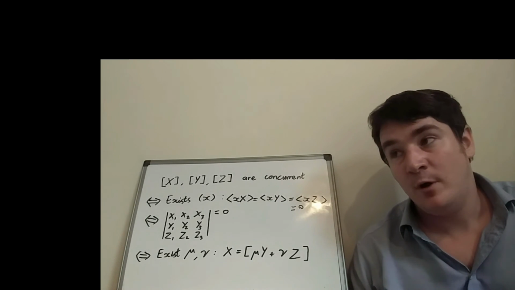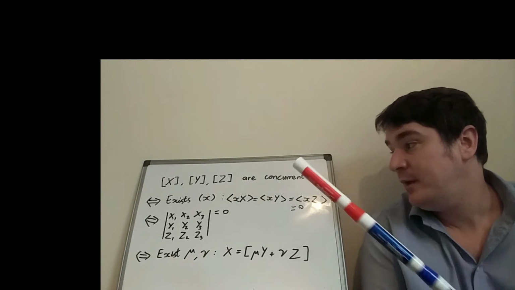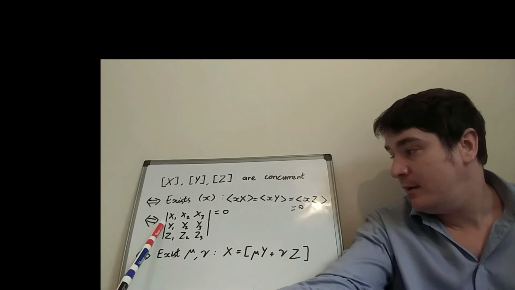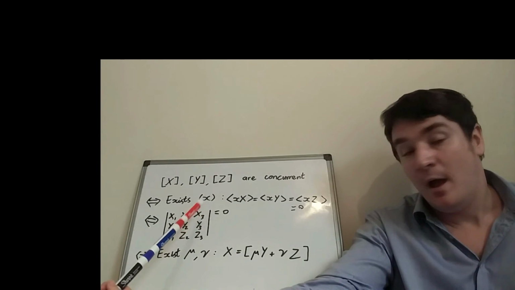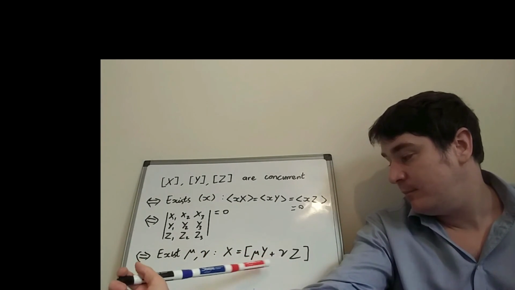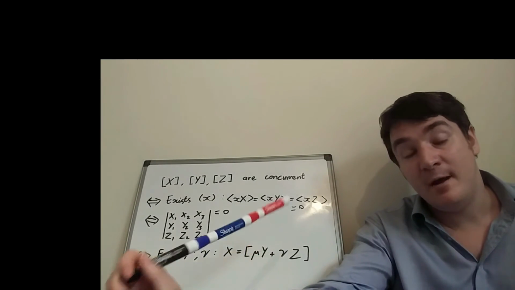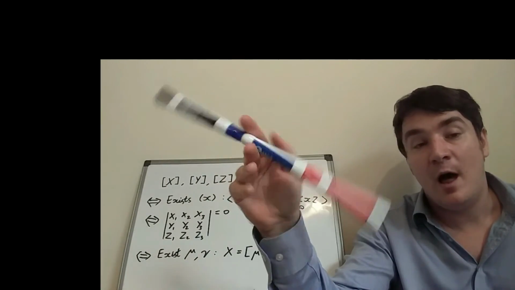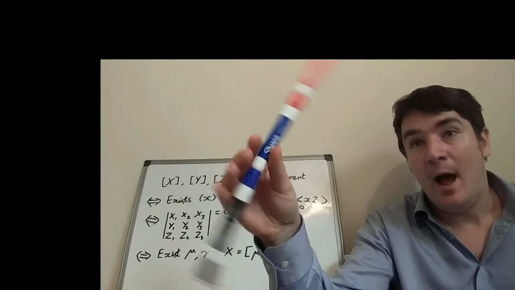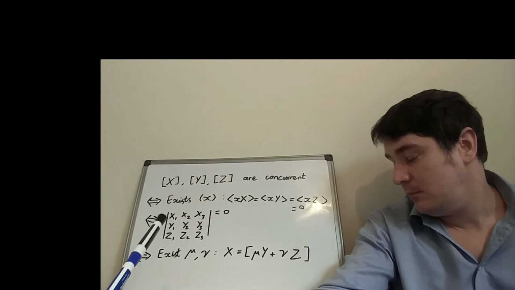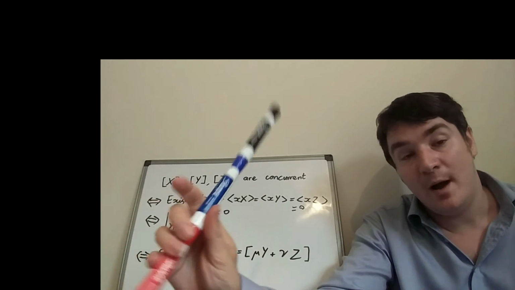And the way that this works is exactly like before. So we can find that this is equivalent to the condition that this determinant here is equal to 0. And just dualising the argument before, we can get this general expression mu y plus mu z, which is a parameterisation of the pencil of lines which are concurrent with y and z.